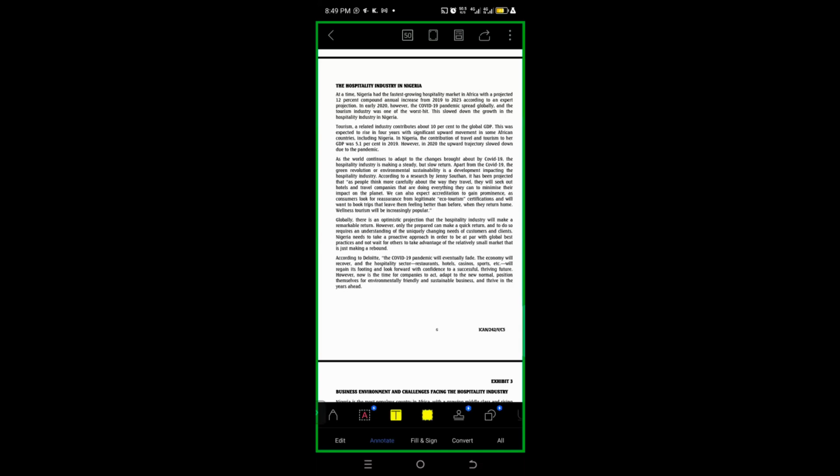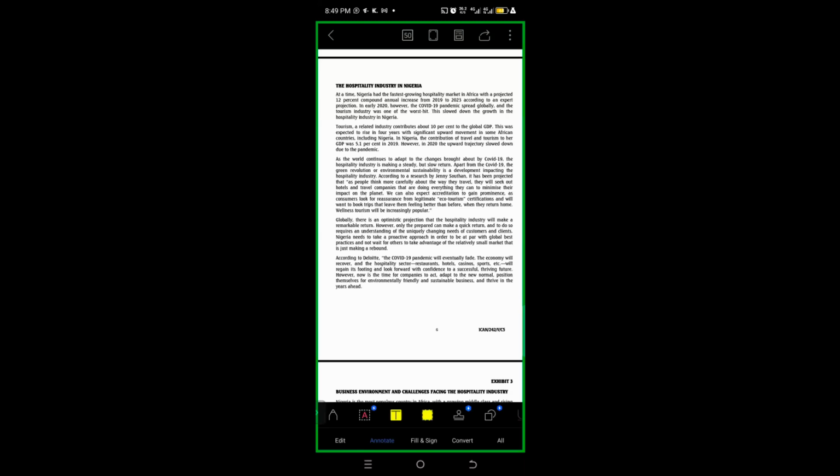According to research by Jenny Sodan, it has been projected that as people think more carefully about the way they travel, they will seek out hotels and travel companies that are doing everything they can to minimize their impacts on the planet. We can also expect accreditations to gain prominence as consumers look for reassurance from legitimate ecotourism certifications, and they want to book trips that leave them feeling better than before when they return home. Wellness tourism will be increasingly popular.